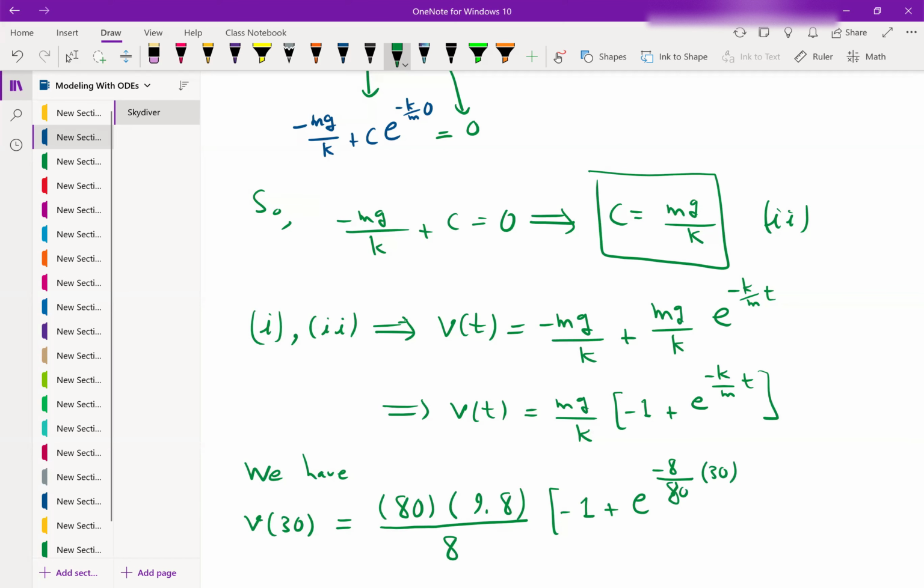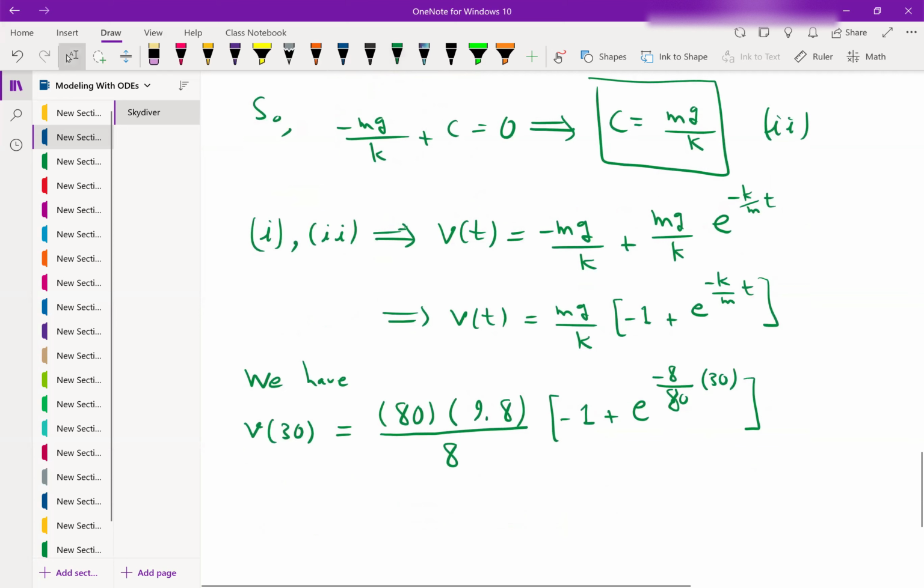I want to know what happens after 30 seconds. So what we will have here: 80 over 8 is 10. 10 times 9.8 is 98, so that was easy. And then we have negative 1.